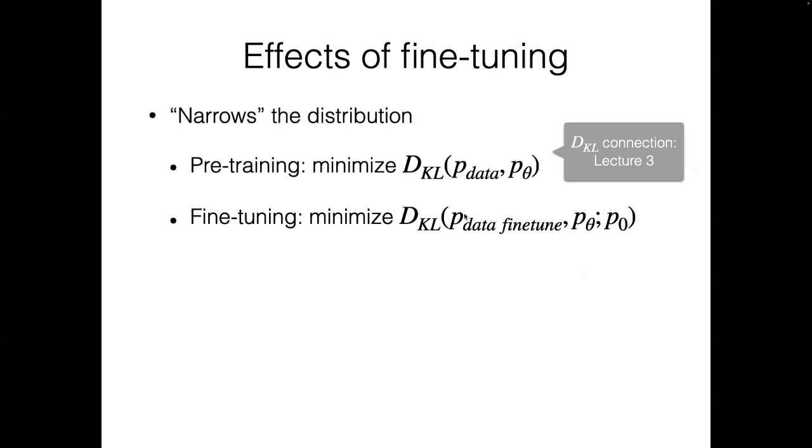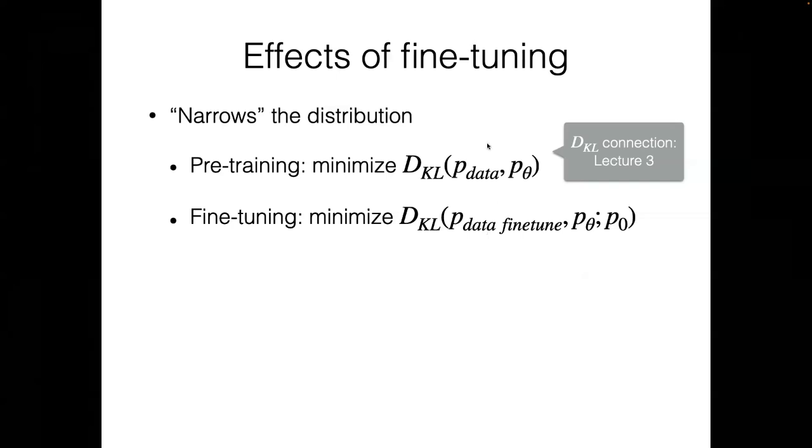So then, as we've discussed and as people asked, we use the exact same objective for fine-tuning. So we can also think of this as fitting a distribution. This notation just means we start with some initial model, and now we're minimizing the KL divergence between our model and our fine-tuning data distribution. This would be represented by your fine-tuning data set.